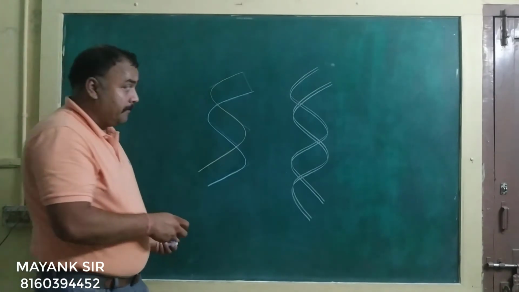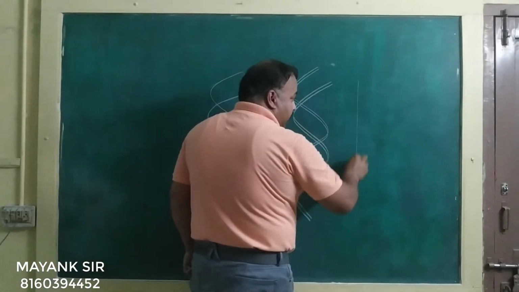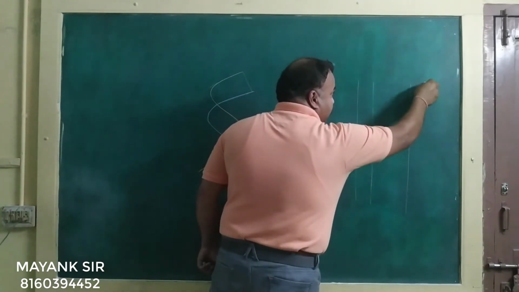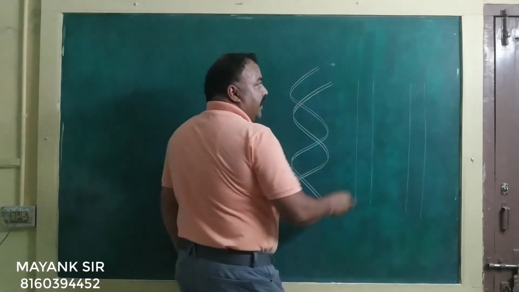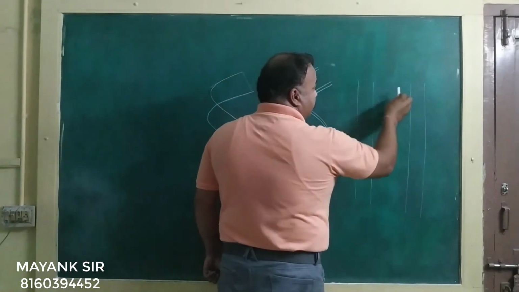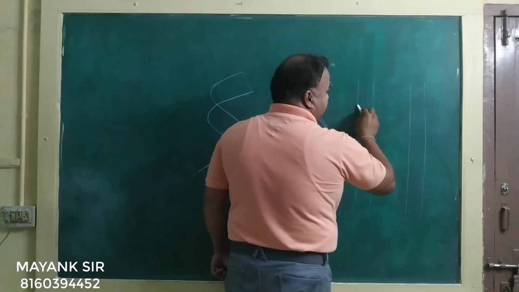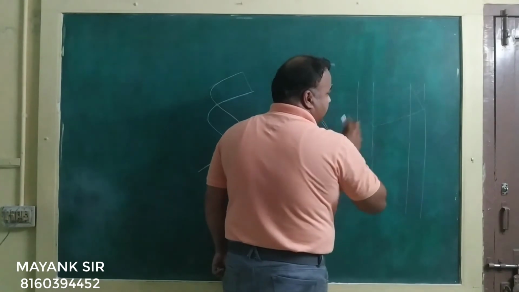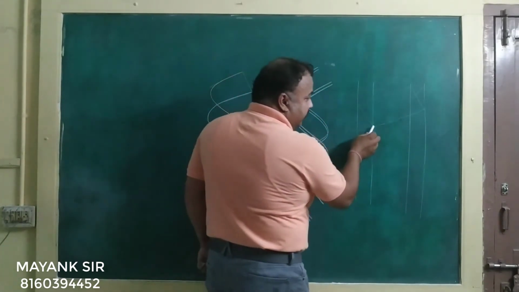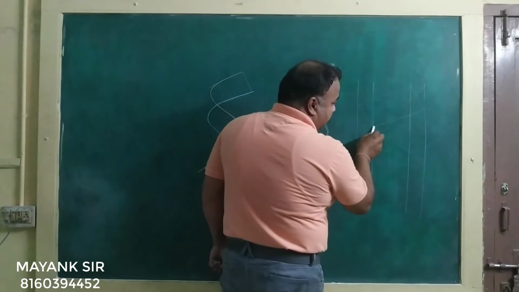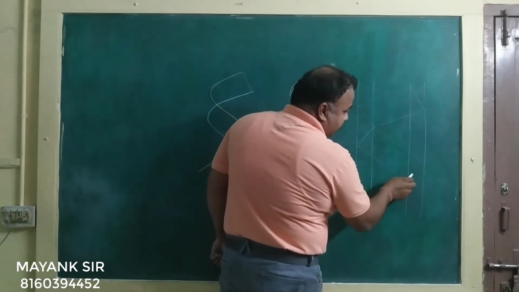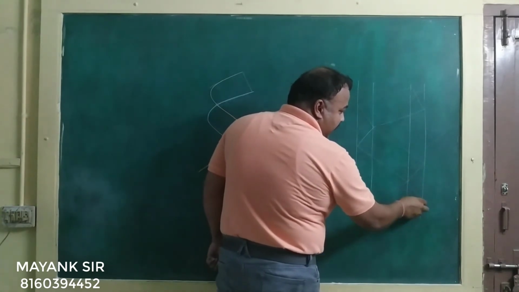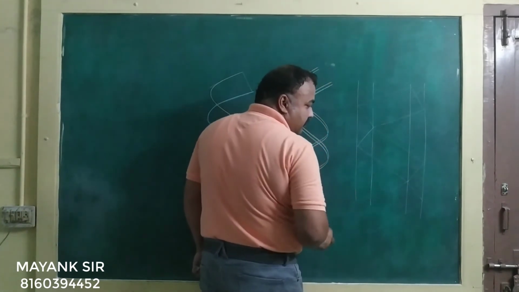Another easy method: you have to draw 4 parallel lines, and then form a rectangle, like this. Then again form a rectangle, like this. Then again form a rectangle, like this. Got it, friends?